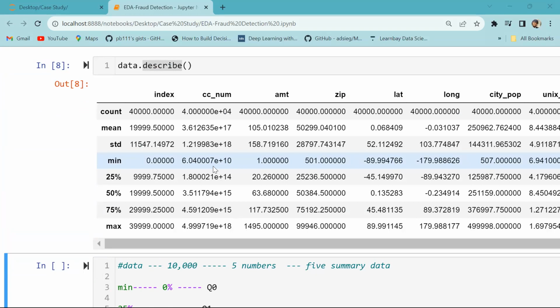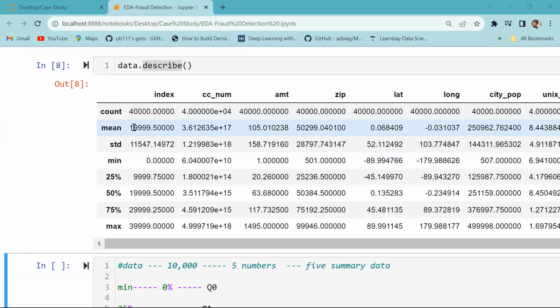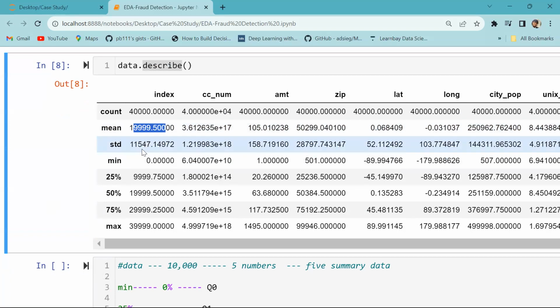So automatically the describe function can easily find these. Mean means the sum of all the elements divided by the total number of elements. Do you know the formula for the standard deviation? What is the formula for the mean and what is the standard deviation?